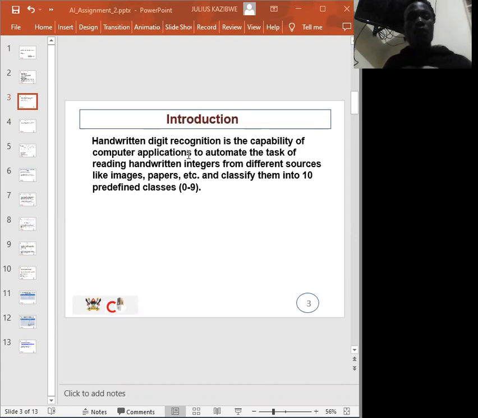Handwritten digit recognition is the capability of computer applications to automatically read handwritten integers from different sources, images, papers, and classify them into predetermined classes of digits from 0 to 9.